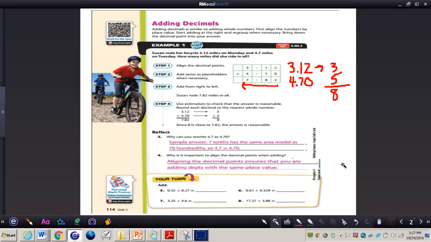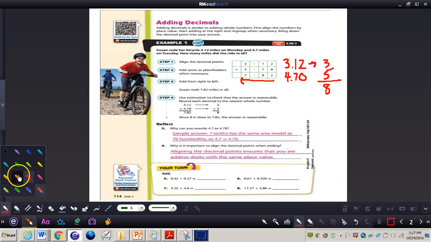So let's think about, why is it important to align the decimal points when adding? I want you to write this down. Aligning the decimal points ensures that you are adding digits with the same place value. So if you do not line up these digits in the same place value or by the decimal, so let's say we just did it by the digits, so we have 3 12 hundredths, and we can have 4 7/10.